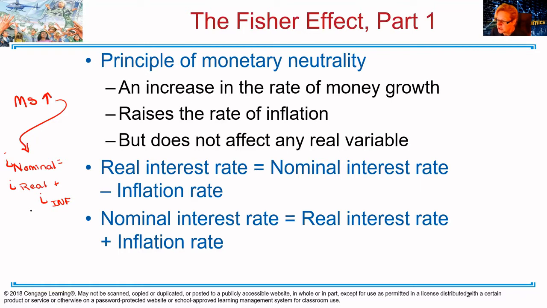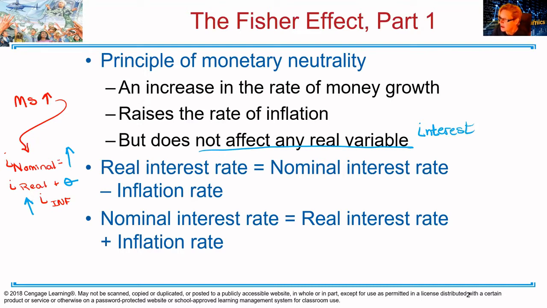So the inflation rate goes up, the nominal rate will go up, the real rate will remain unchanged. So again, money neutrality says that inflation does not affect any real variable, and this is true for interest.